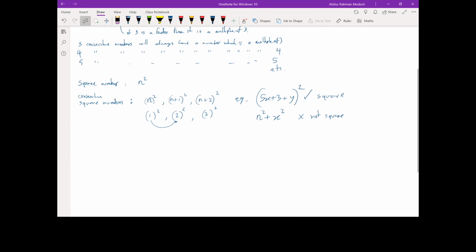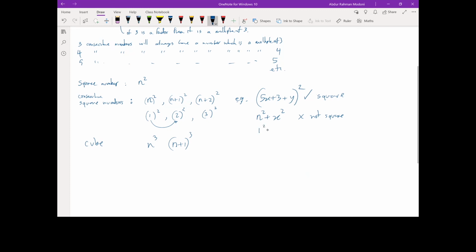So we've got square numbers, consecutive square numbers. You get the idea how to write cube numbers. It's the same idea. For this, I think some of you are discussing why this is not a square number.